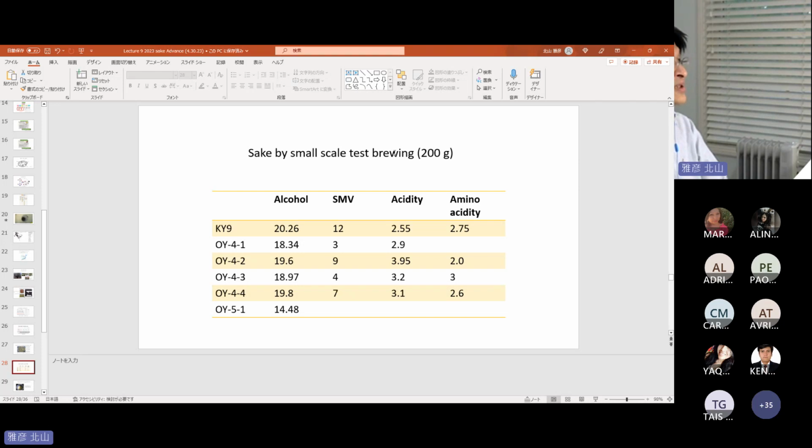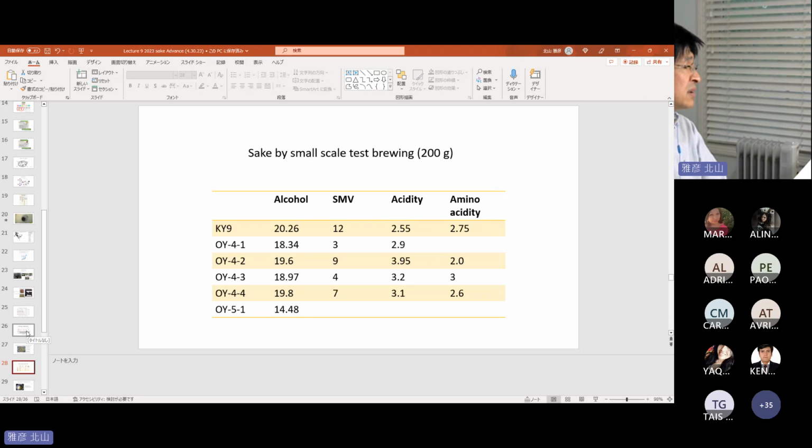From small-scale test brewing, there were 2 candidate strains, OY4 and OY5, and they got good data. About 90% of alcohol was produced using the OY4 strain, but OY5 less than 50.